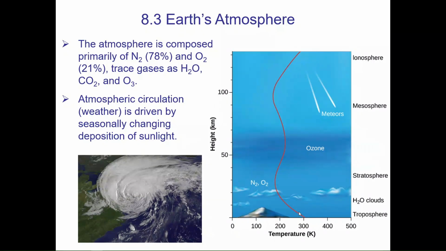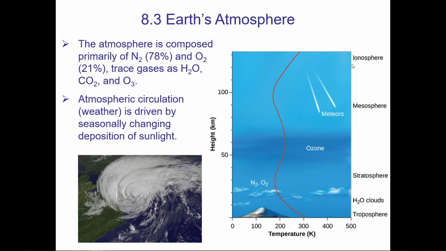If you take a look at the temperature curve along here, you can see the temperature is not always decreasing or increasing. Within the troposphere, the higher you get, the colder you get. However, in the stratosphere the temperature becomes a little more stable, until you go all the way to the mesosphere and the ionosphere, where the temperature starts rising again.